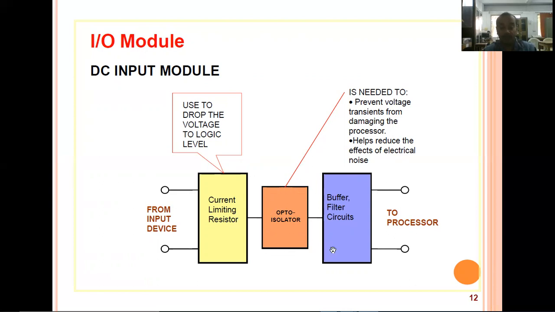After that, the buffer filter circuit will be there, through which the input goes to the processor unit. So there are three parts through which the input from the input device comes to the IO unit of your PLC: it goes through the current limiting resistor, then the opto isolator, and then it can go to the processing unit.